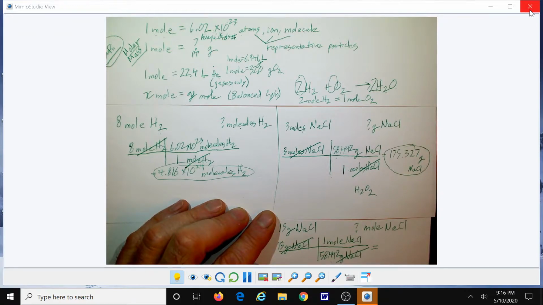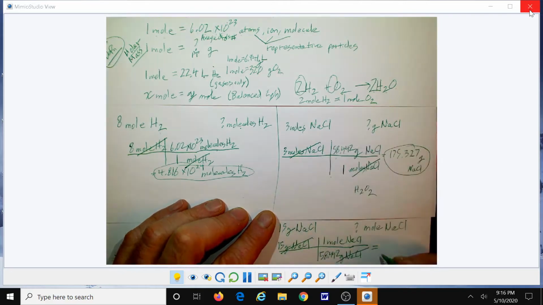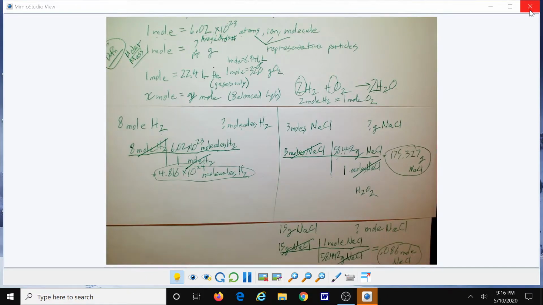So we would take 15 divided by 58.442, and that would give us 0.086, and then the units are mole of NaCl. That would end up being our answer, 0.086 moles of NaCl.